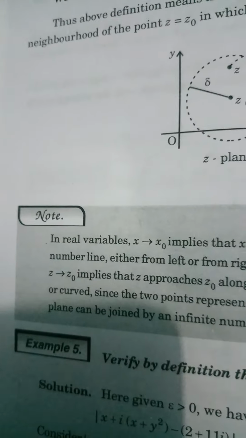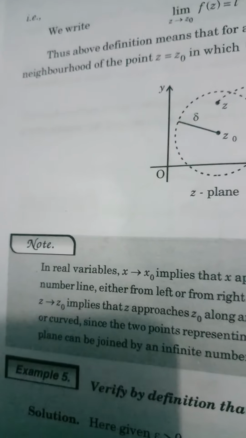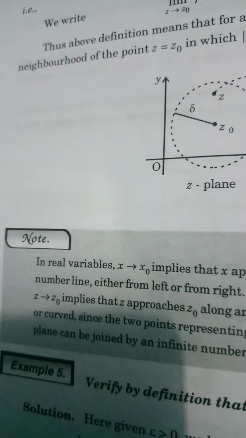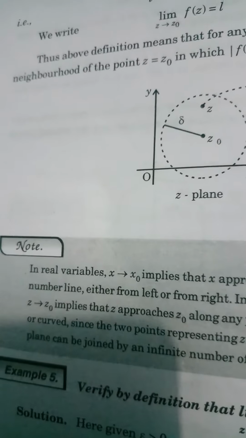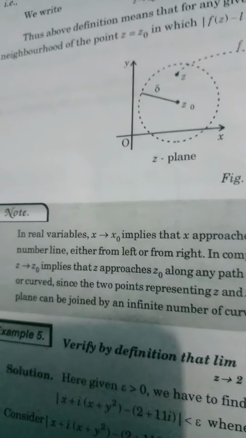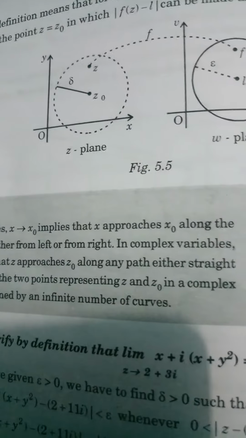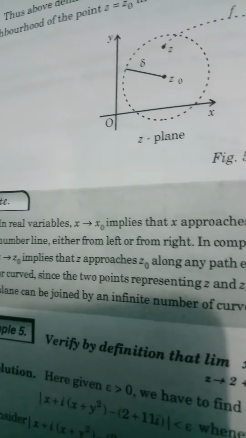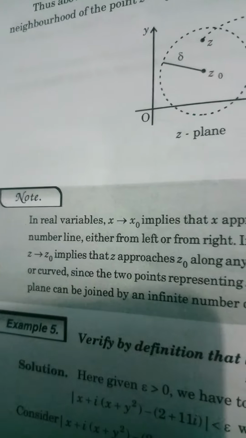In the real number system, x approaching x naught means either we approach x naught from left or from right, whereas in a complex variable, z approaching z naught implies that z approaches z naught along any path, either straight or curved, since the two points representing z and z naught in a complex plane can be joined by an infinite number of curves.